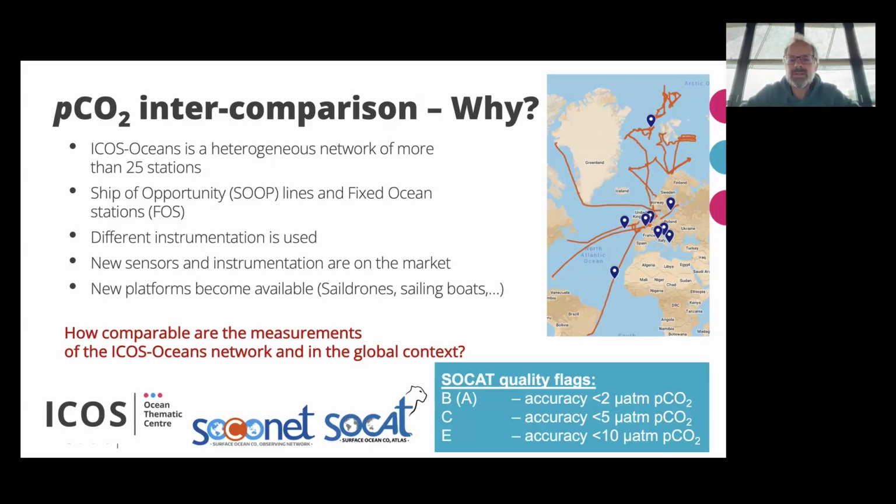The quality flags are B, C, and E, translating to an uncertainty better than 2, 5, and 10 microatmospheres pCO2. If you wonder about the A, this just means that if you have two data sets that have a B and they cross each other and compare very well, then they get something like a B star. However, this 2, 5, and 10 we might want to keep in mind for the rest of the slides.